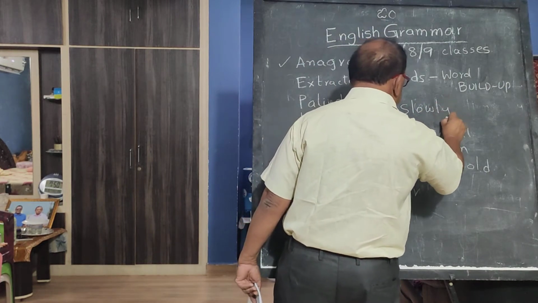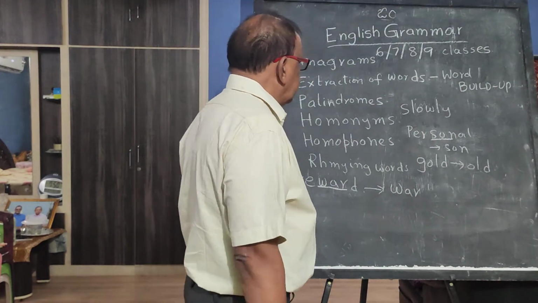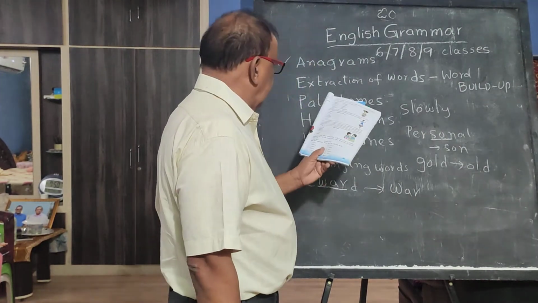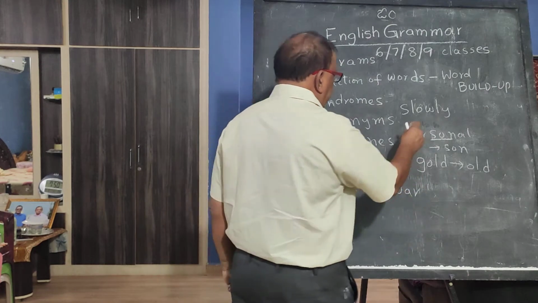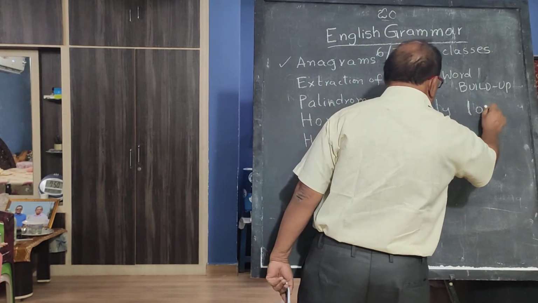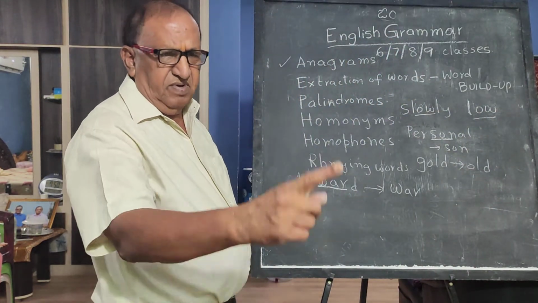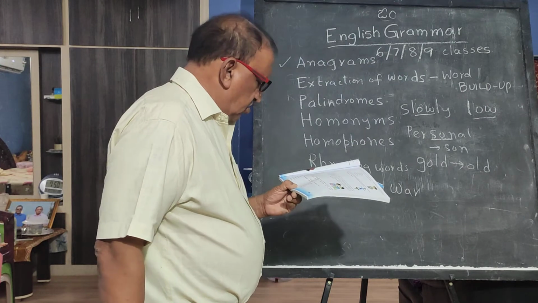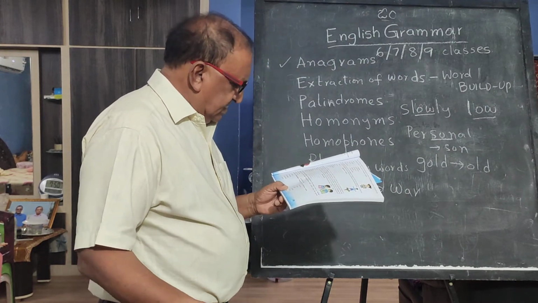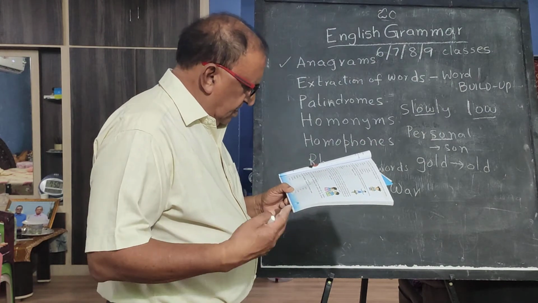Similarly, slowly. S-L-O-W-L-Y. You can see slowly. If I take these 3 letters, you will get L-O-W. You see that? Slowly and L-O-W. Like that, you will get similar words.